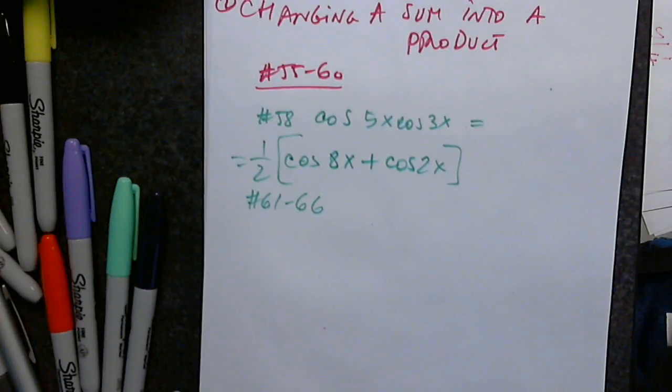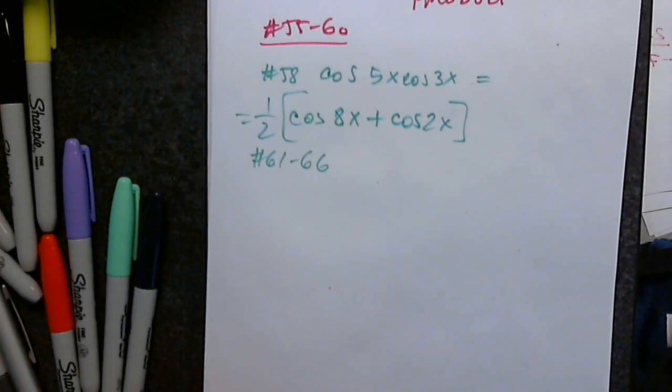Right now it's a huge property. Good. So 61 through 66. Please choose the reverse. The reverse is not as powerful.